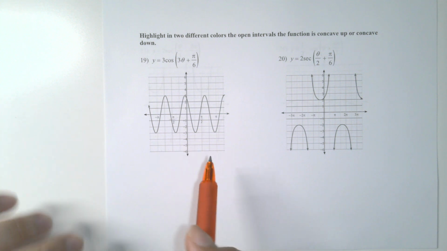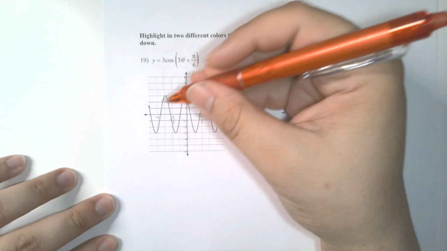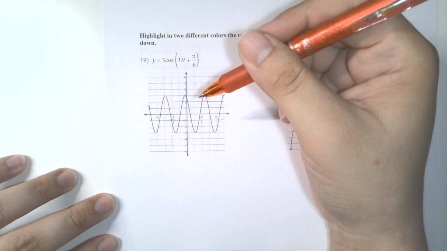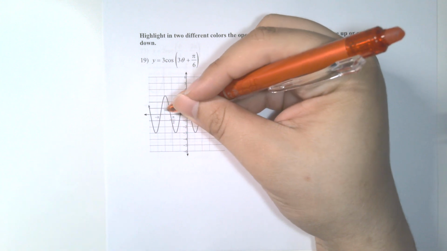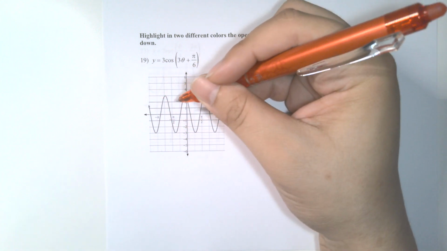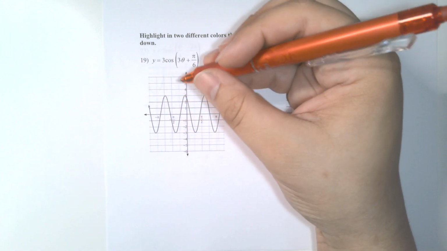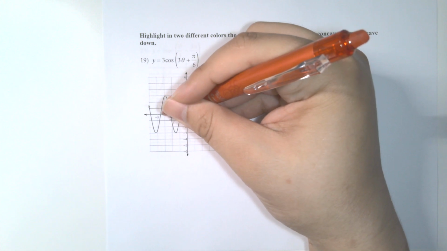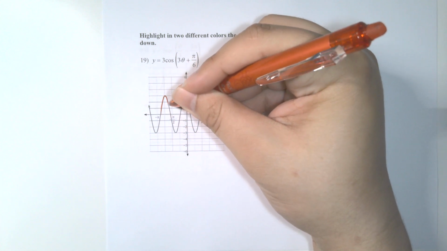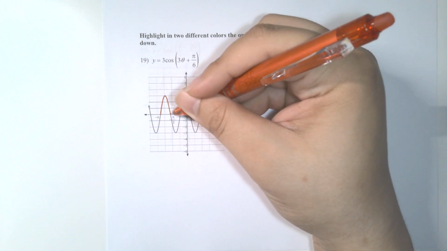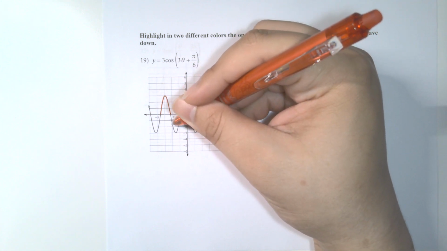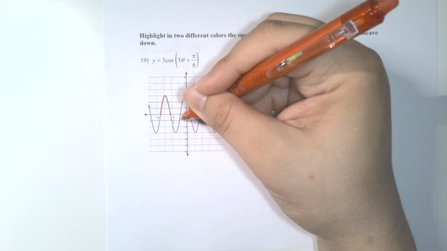So concave down, I'm holding my red pen, so I'll just do that one first. And it's this shape where it just looks like a hill or something. So if I highlight where it's concave down, it'd be right here. Because then, look, right here starts to become concave up.